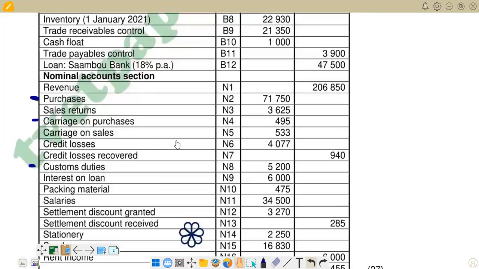Remember, these were doubtful debts that we said we are no longer expecting any money from. So we wrote them off. After writing them off, they came back again and paid their amount. So we now classify it as income. So we've got credit loss recovered 900. We have got 940 there. So we can just go and include that one. Credit loss recovered.